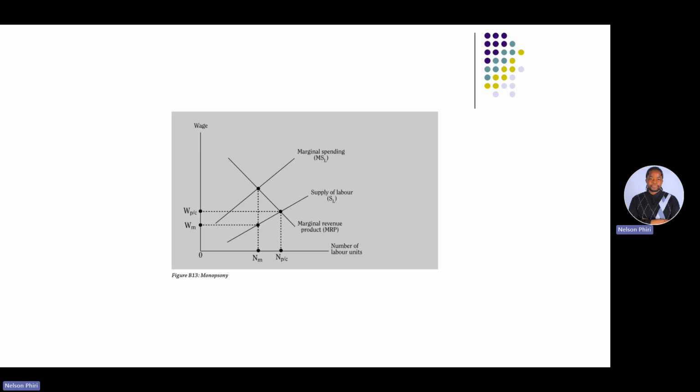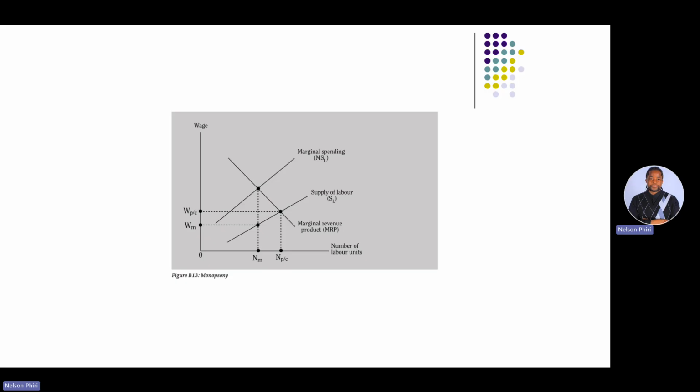So that is your NM there, which is the number of workers employed, and your WM. In this situation, we can also extend this analysis to a perfectly competitive market, where we look at the equilibrium under that case. In a perfectly competitive market, NPC workers are going to be employed, and the wage rate is going to be WPC.